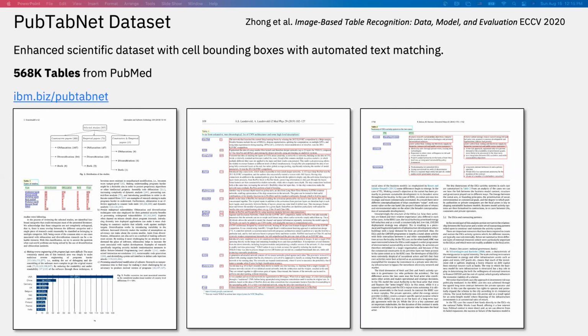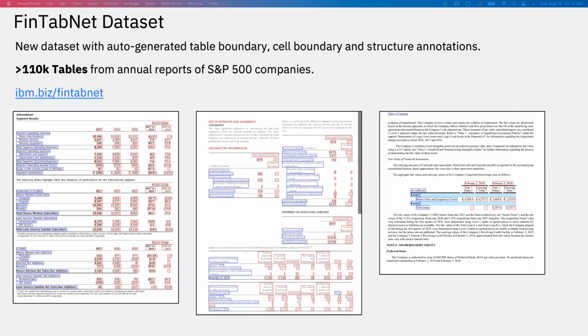The PubTabNet data set is available externally. You can take a look. Similarly, we built another one for the financial domain where the tables tend to be even more complex. So now we have hundreds of thousands of tables that make it possible to train a deep learning model.